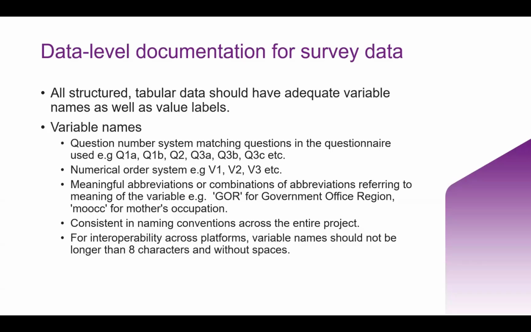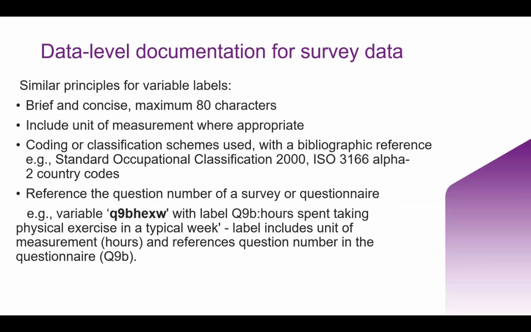Generally speaking, I think the software programs that you use for analysis of survey data are a little bit better with interoperability than, for example, qualitative software programs, but be aware of some of those limitations, like the 8 characters and spaces.